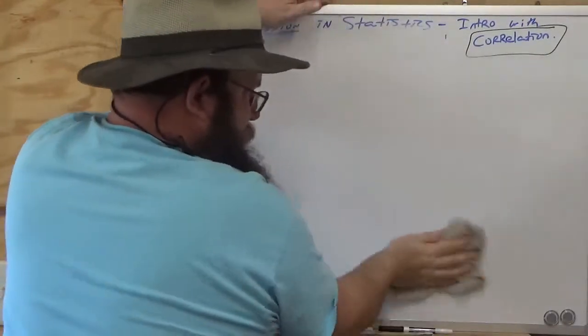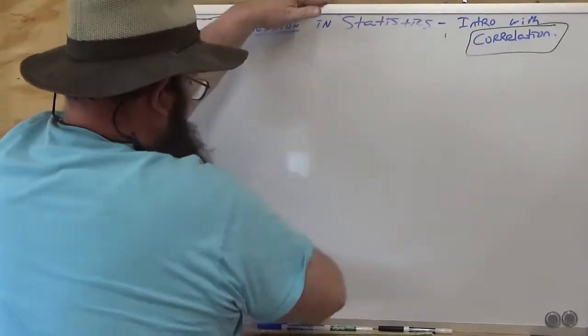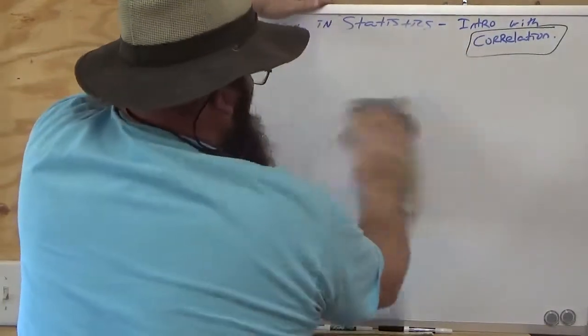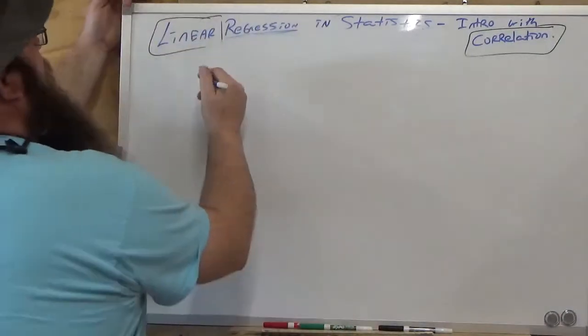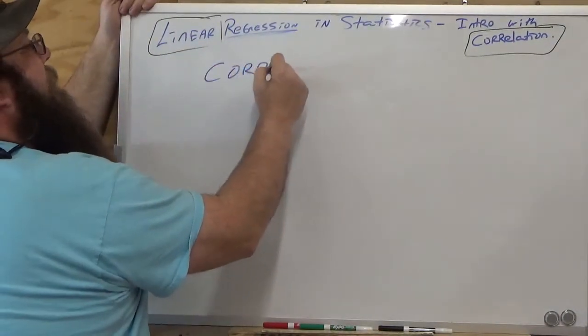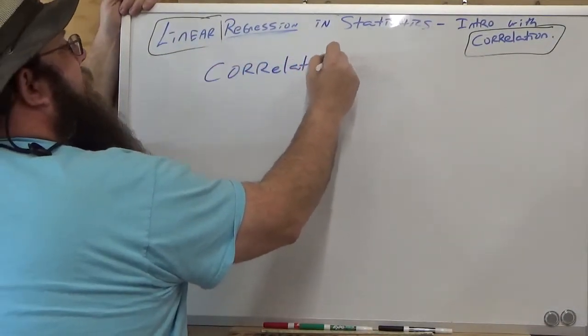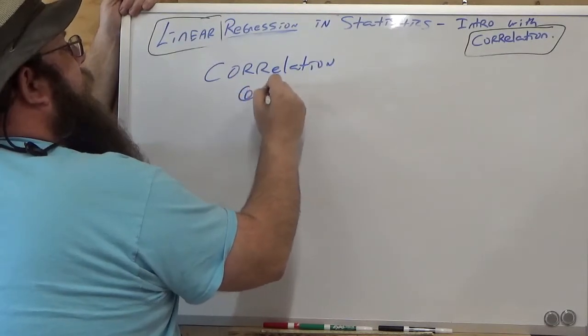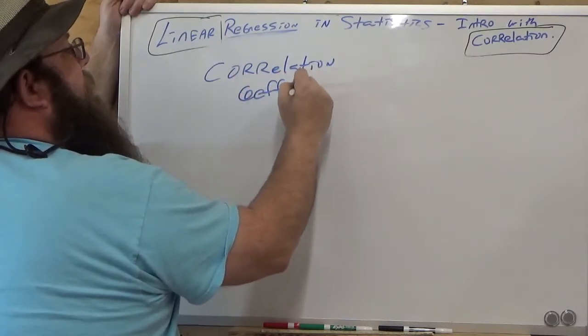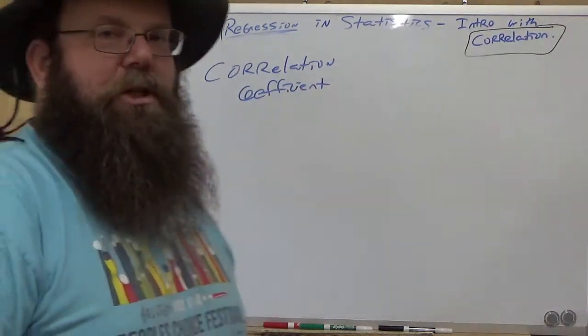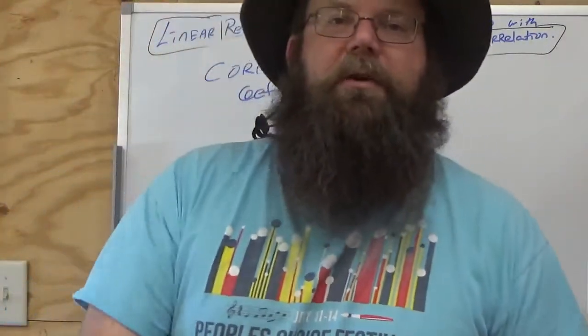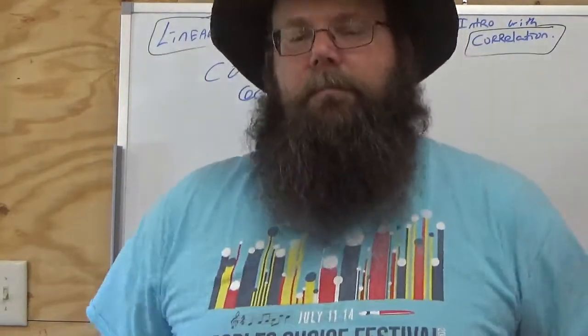There's a super duper long formula on how to find what we call the correlation coefficient. I think that's the way it's spelled. Coefficient. The correlation coefficient. What's coefficient mean? We gave it a number.